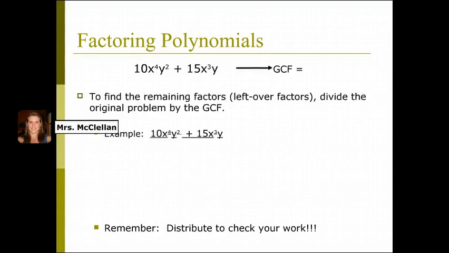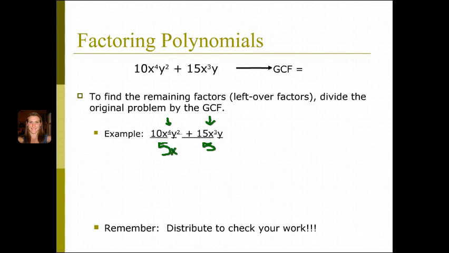Alright, in our second example, the greatest number that goes into both 10 and 15 is 5. However, in this example, we have variables. So if you look at your x's, each term has at least 3 x's.